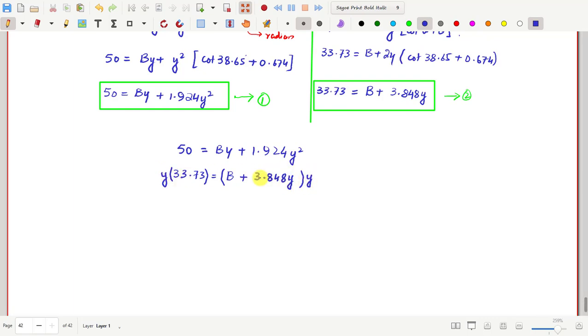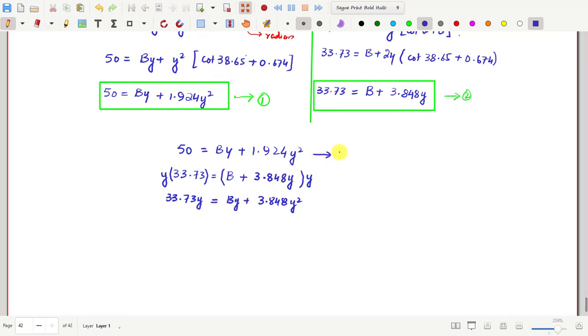If you multiply it with y, what is going to happen? It will become 33.73y equal to by plus 3.848 y square. Now we got two more equations. If you further simplify it, it will become, okay, let's keep it here and name these equations.